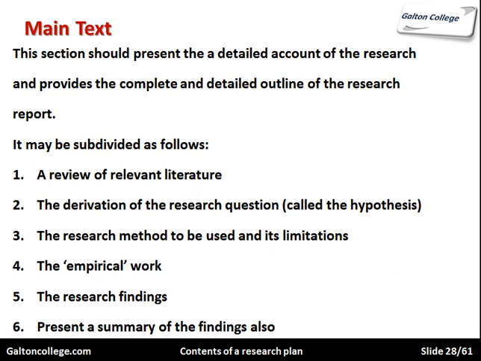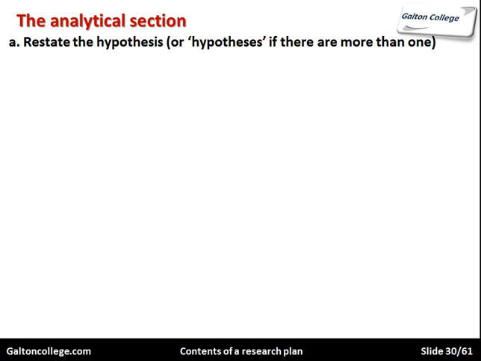Next, let's look at the analytical section. Well, in the analytical section, we restate the hypothesis. And if we have more than one hypothesis, we have hypotheses, slightly different spelling.